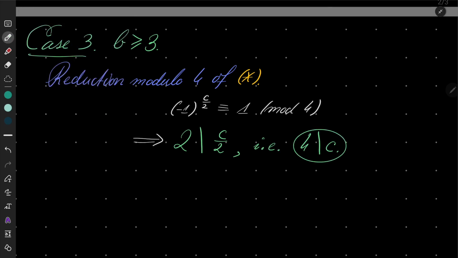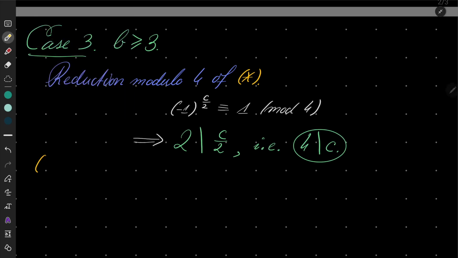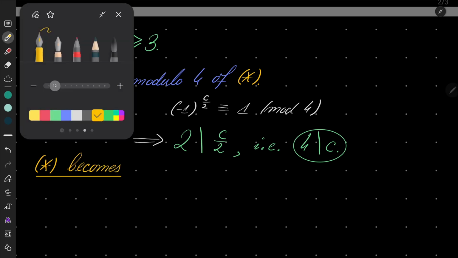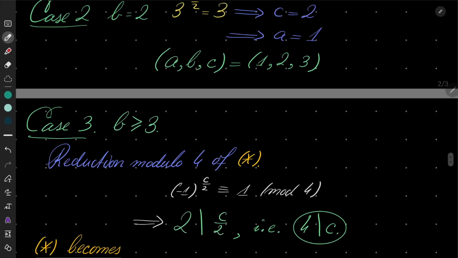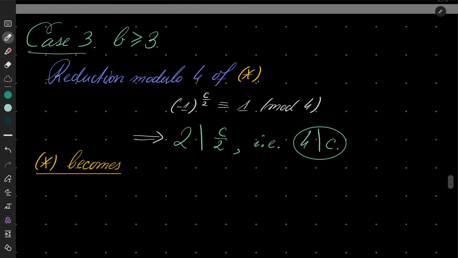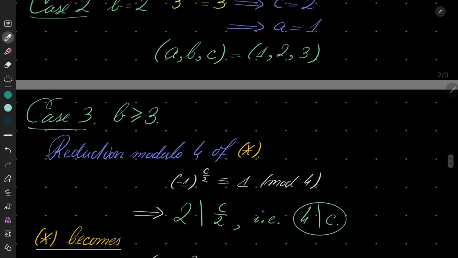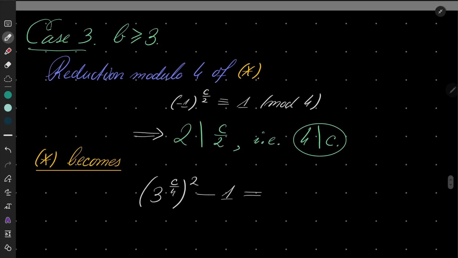And now let's take again our equation asterisk. Asterisk becomes the following. 3 to the power c over 4 squared minus 1 equals 2 to the power b minus 1.